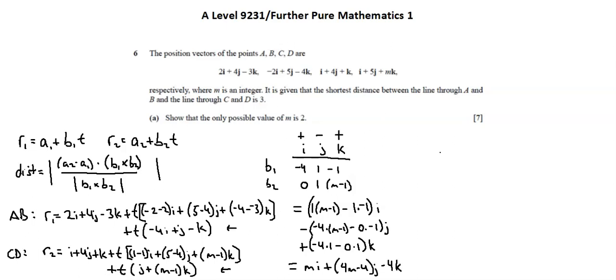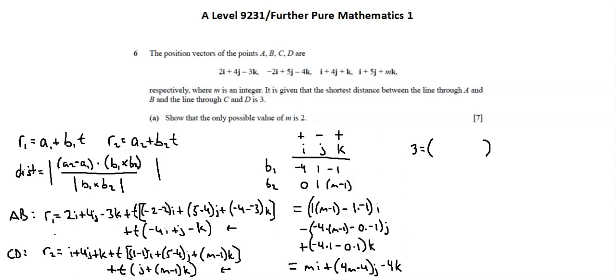Now our distance calculation. We're given the distance is 3. 3 equals, I'm going to mark over on the far left to be clear, this is a2 minus a1, and I'm looking for an i value, a j value, and a k value.